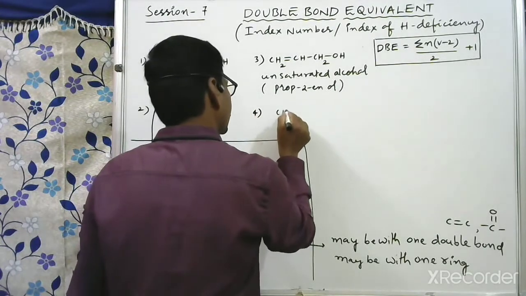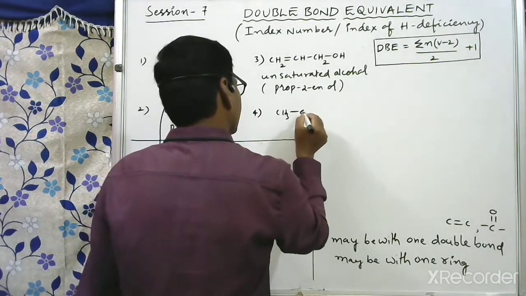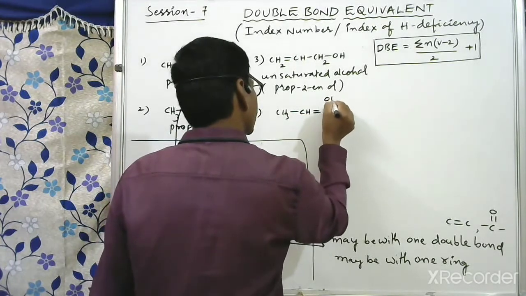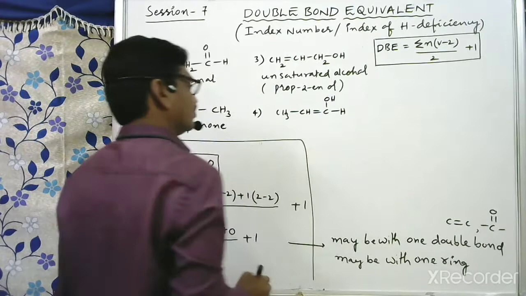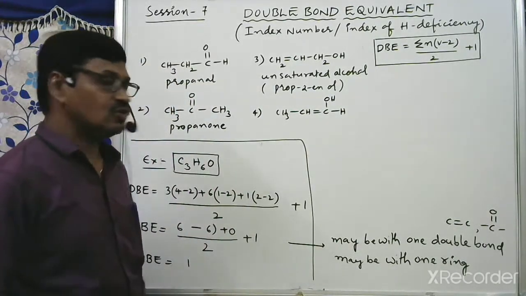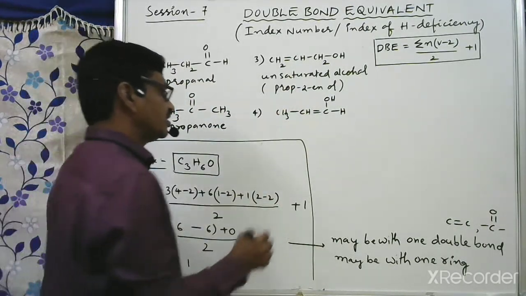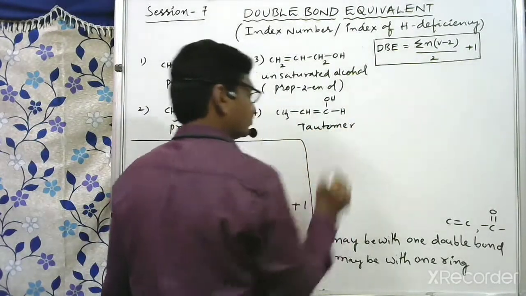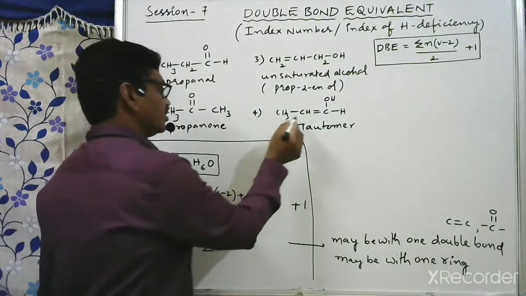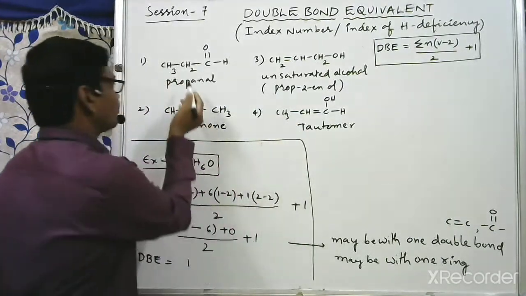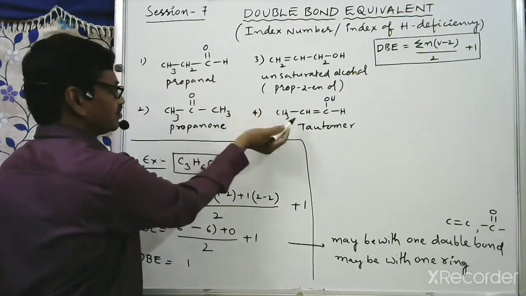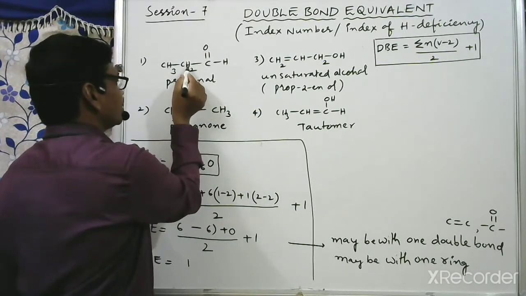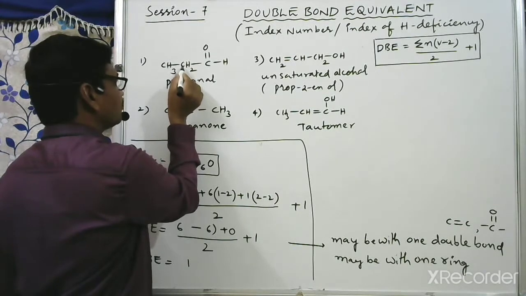And we can write in this way also: CH3, then C, here H double bond C. This is also an enol, similar to this, but it is a tautomer. The alpha hydrogen is shifted from here to here.